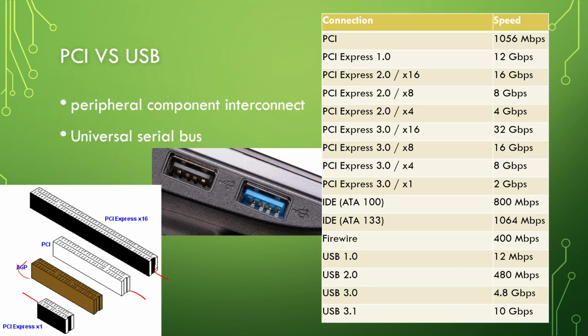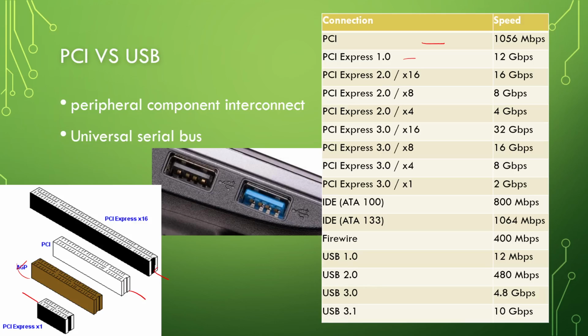An older connection that we're not really worried about anymore. But anyway, that used to be king. And if we look up here in the PCI Express, that's about a gigabit per second. And now we are in the PCI Express world. I think everything is running PCI Express. And if you look at that, PCI 1 versus PCI Express 1, it's 12 gigs for PCI 1. So that's a nice little difference there.